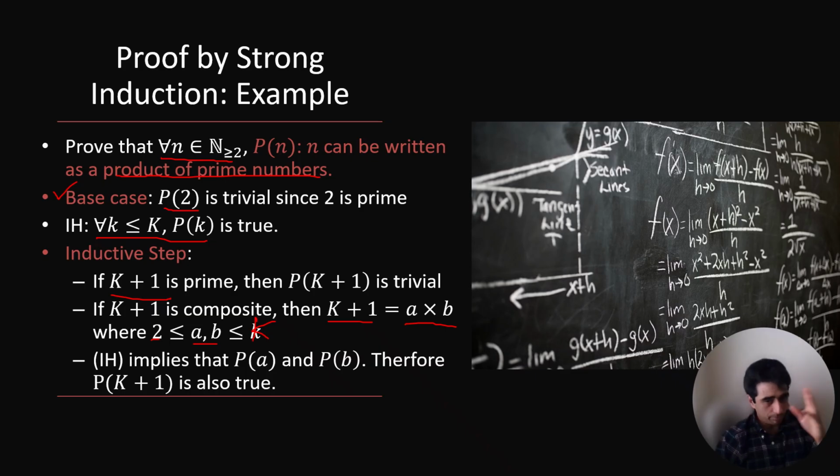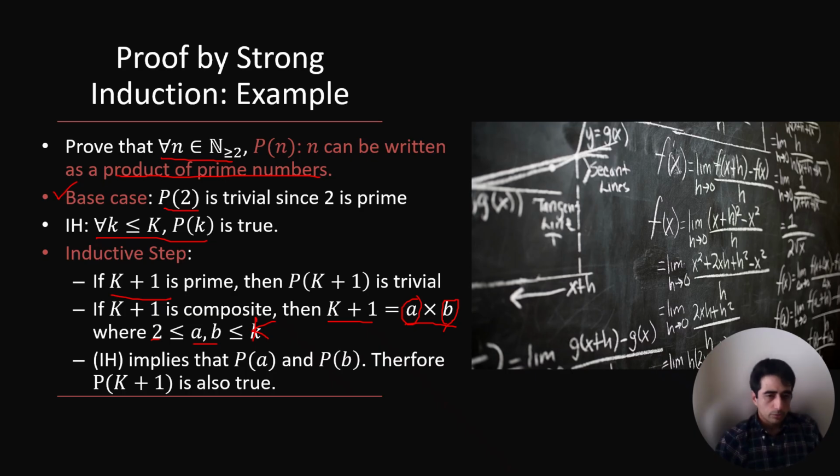So some number between 2 and K, including 2 and including capital K, will divide K plus 1. Let's say that number is A. Then how do you get B? B would be the quotient of dividing K plus 1 by A, because K plus 1 is divisible by A. It has a quotient. That quotient is B. So long story short, you can write K plus 1 as A times B, where both A and B are between 2 and K.